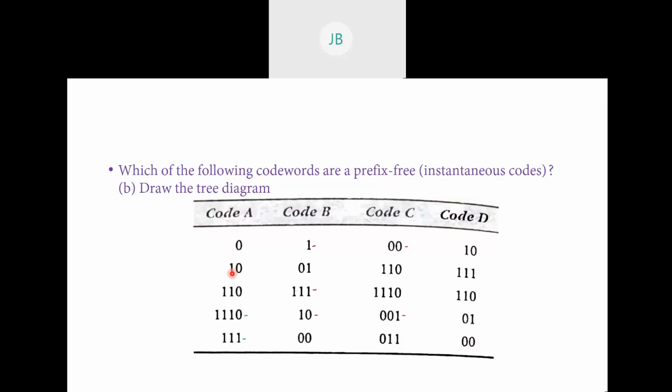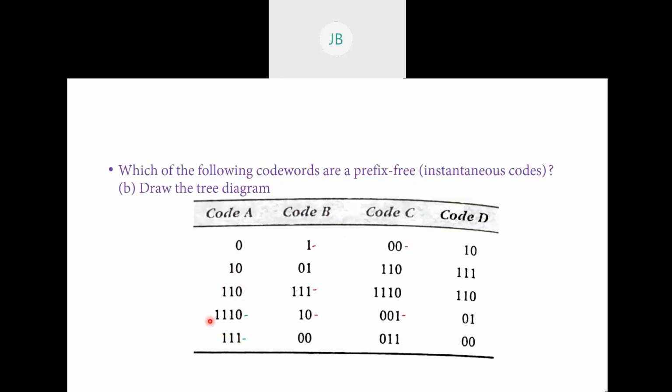Next, 10. Does anyone else begin with 10? No. So with respect to 10 and these other codes, it looks prefix-free. We need to check this for every other element. 110, does someone have 110 here? No, right?